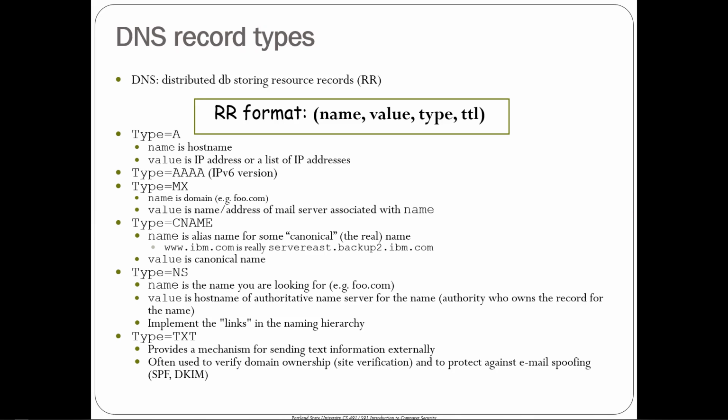Okay. The next one, which will become important when we talk about email, is the text record. And this is a mechanism for publishing data on your domain. It's done on Google, for example, to verify that you own the domain. So if you have a website and you're trying to use your domain and point it to it, and you're trying to host things on Google, they'll say, well, show me that you own that domain by putting this record in the DNS system.